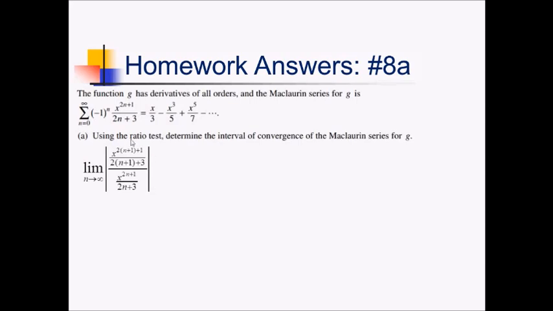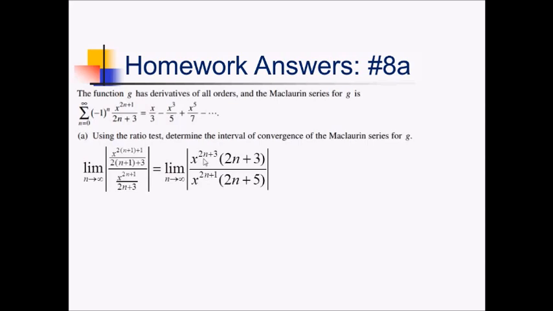In the numerator, I've got x to the 2n plus 2 plus 1, so 2n plus 3, times 2n plus 3. In the denominator, I've got 2n plus 2 plus 3, so 2n plus 5, and then we'll have an x to the 2n plus 1 down there. I'll deal with these 2n parentheses terms in a minute.